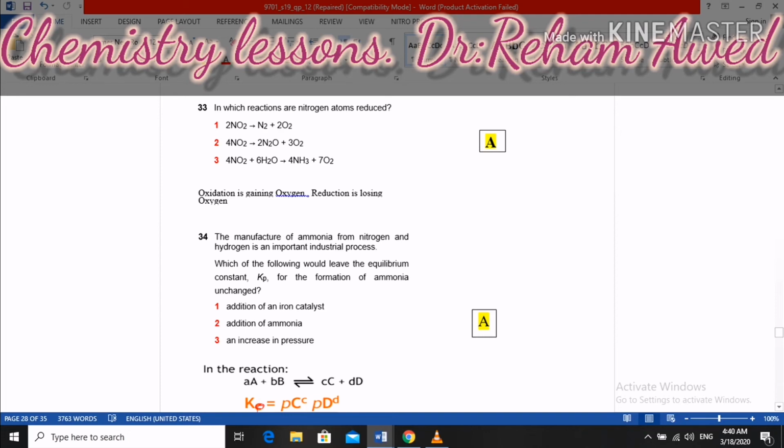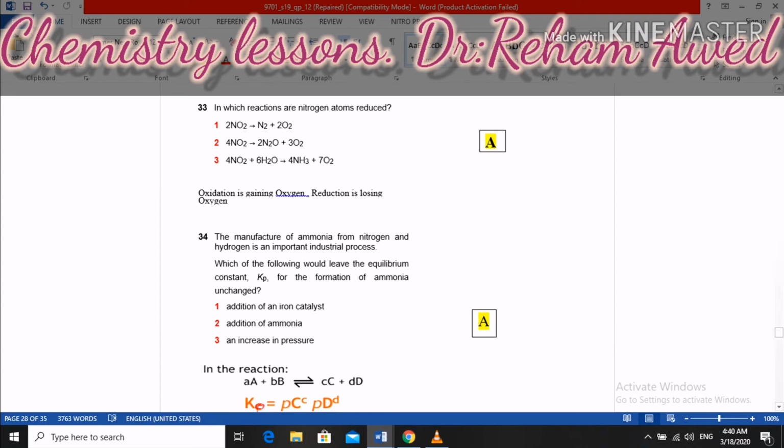At first, take care: the equilibrium constant is not changed by changing the conditions or the concentration of reactants. So when we add a catalyst, the rate of the forward reaction will increase and the rate of the backward reaction will increase, and we will have no change in the concentration of reactants or products.